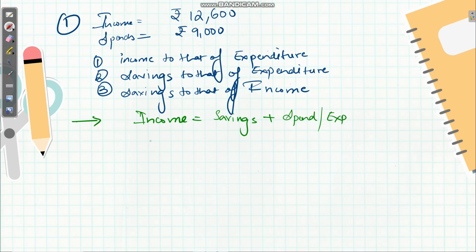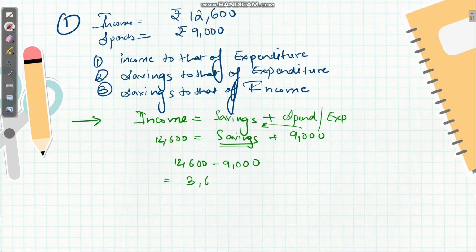Income is given to us as 12,600. Savings we don't know, so we'll keep it as it is. Expenditure, our spending, we know, that is 9,000. Now if you want to find saving, take this 9,000 to that side. So it will be 12,600 minus 9,000, which is 3,600. That's rupees 3,600. This will be your savings.